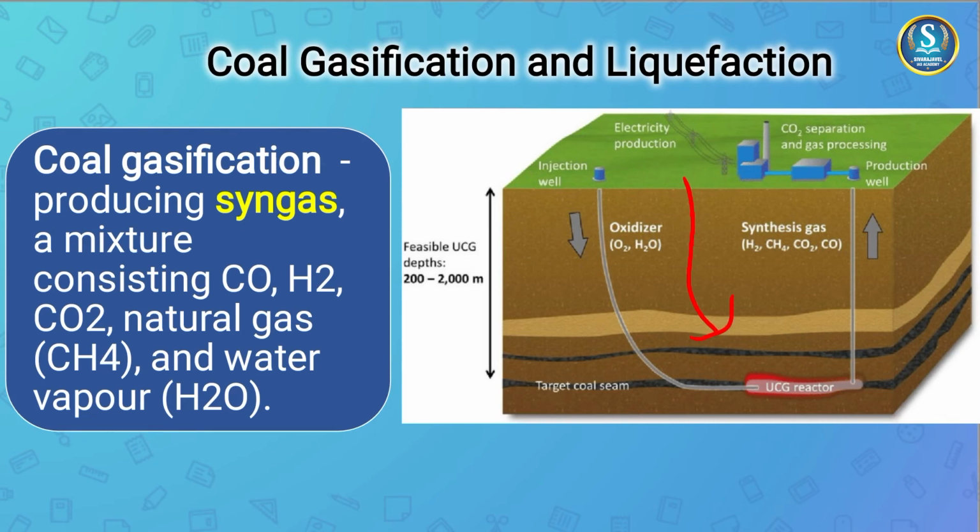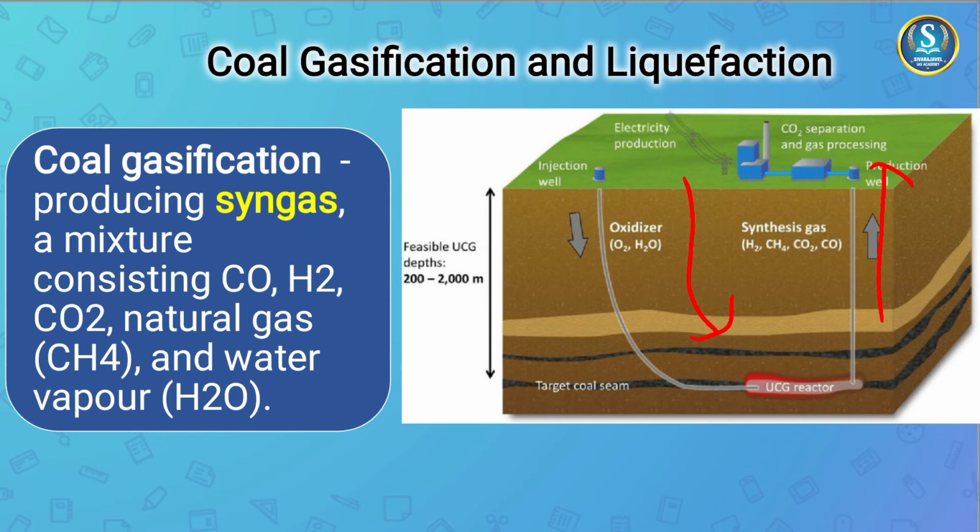You use oxygen. Along with water, you send it to the coal. Once that coal is oxidized, it gets converted into syngas. Once the syngas is generated, you harvest it, bring it up to the ground, and then you separate it and you use it for producing electricity.